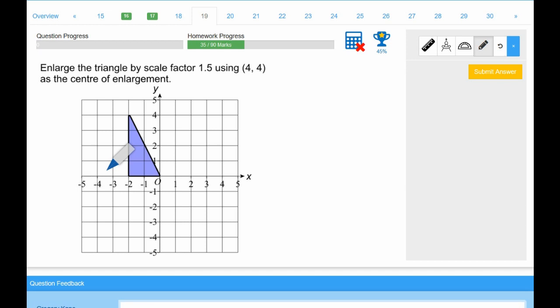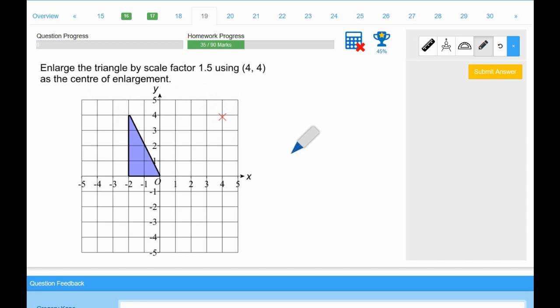Next question, question 19. I want to enlarge by scale factor 1.5, center (4, 4). First thing I do is I'm going to plot (4, 4). And then I'm going to draw my ray lines from here to each vertex on that triangle. I'm going to work out the distance and multiply it by 1.5.